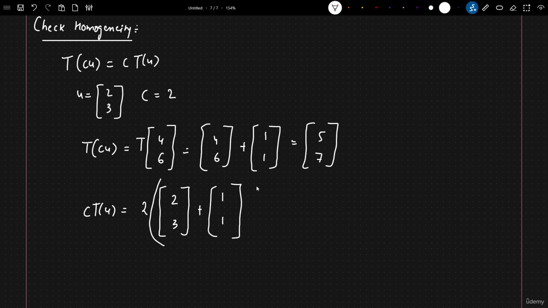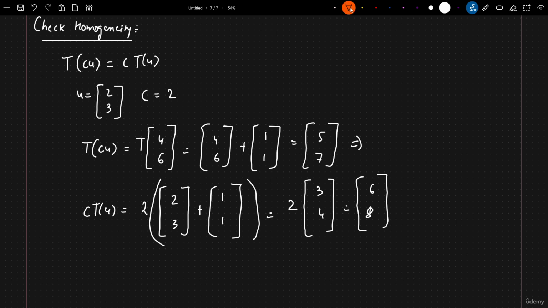Let's calculate this. It is 2 plus 1, 3, 4, and when we multiply this by the scalar, it is 6, 8. So here my LHS is not equal to RHS. These are not equal. So obviously it also does not satisfy the homogeneity condition.